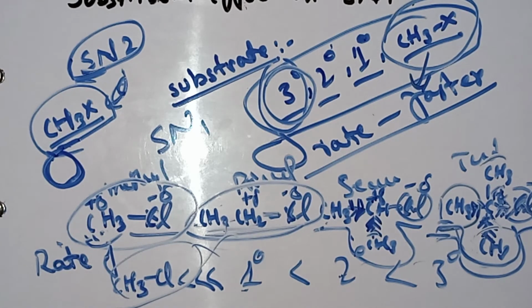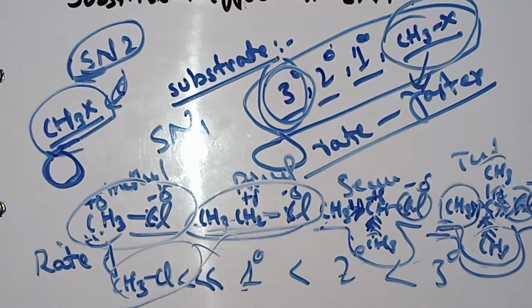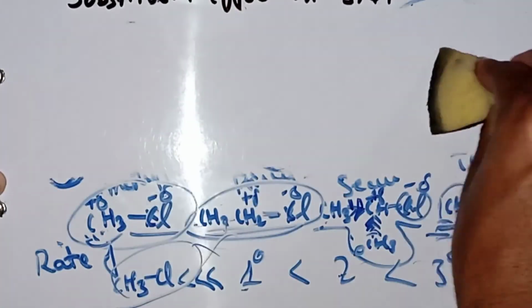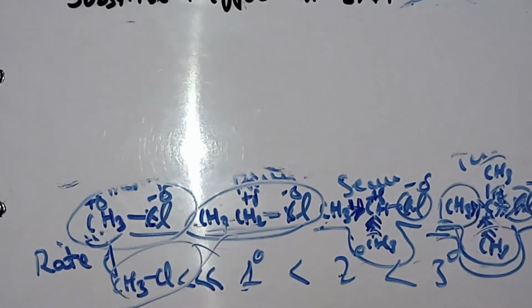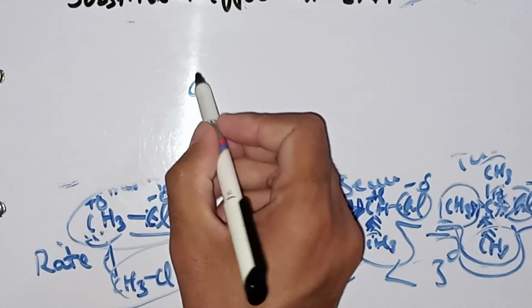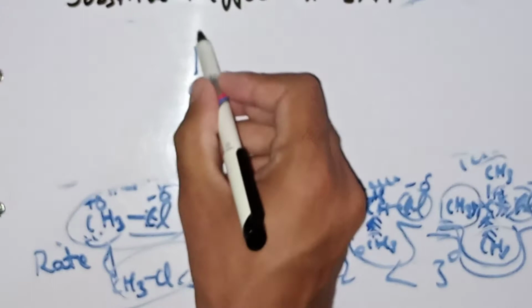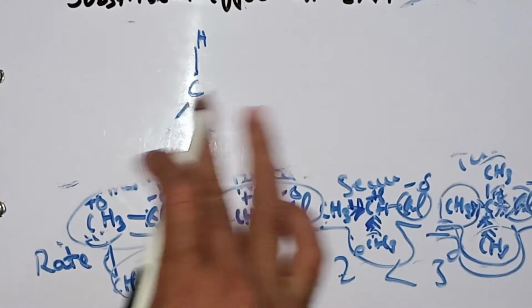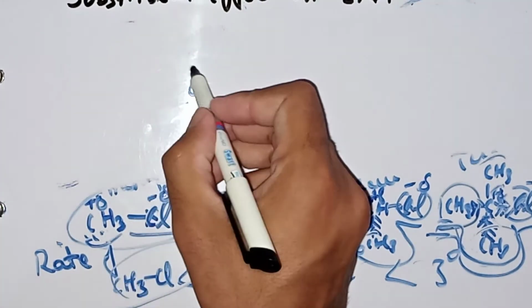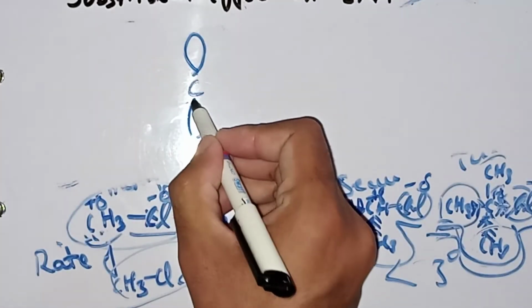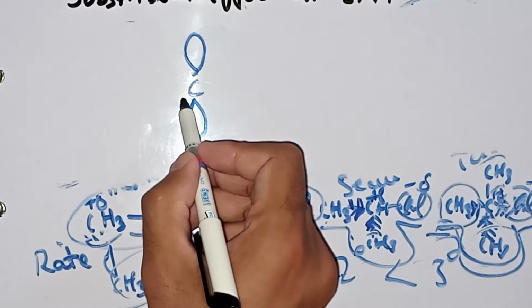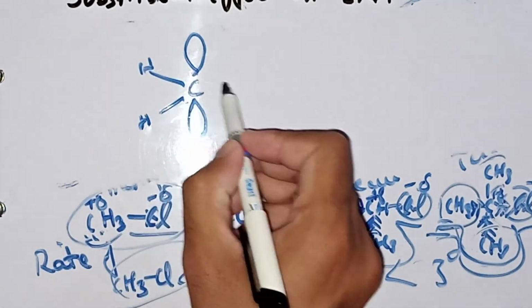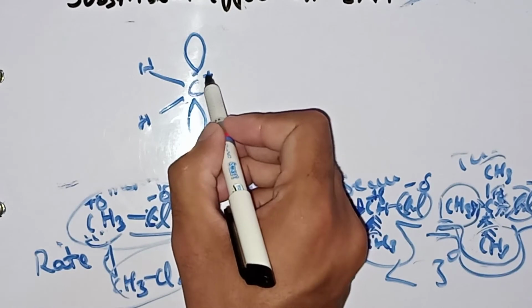I hope this point is clear. But there is one other factor involved. Let's suppose this is the carbocation, with an empty orbital on the positively charged carbon.